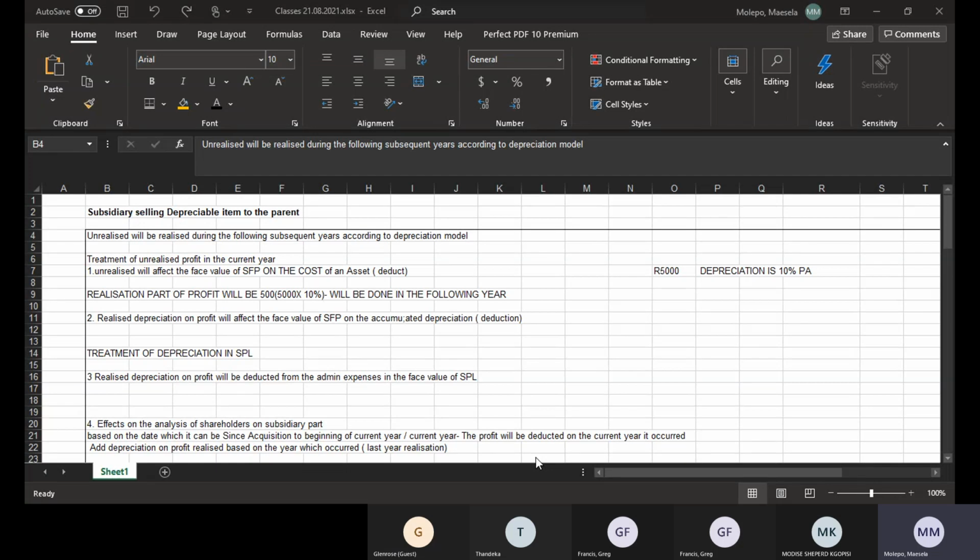If it's not, then you can type so that we can be on the same page. If you are talking, I can't hear you, so it means your mic is not working. Okay, cool.